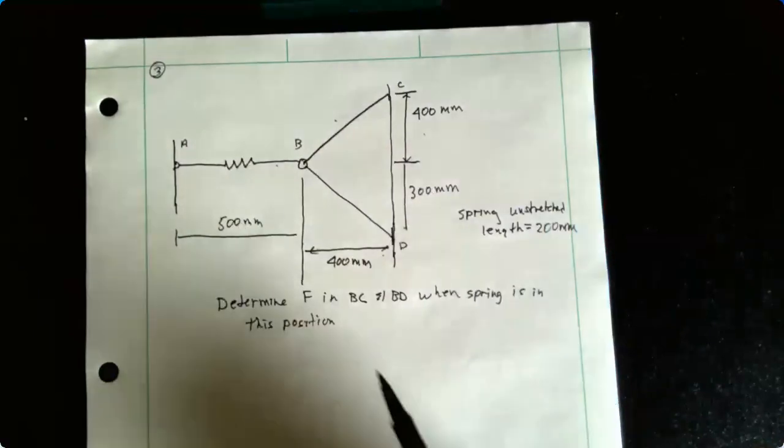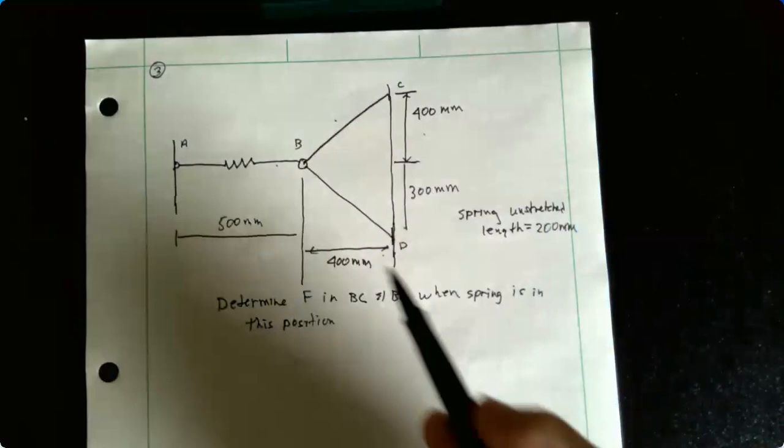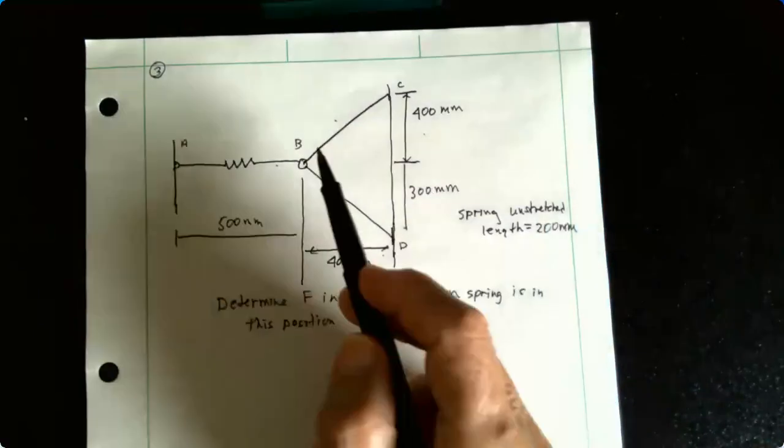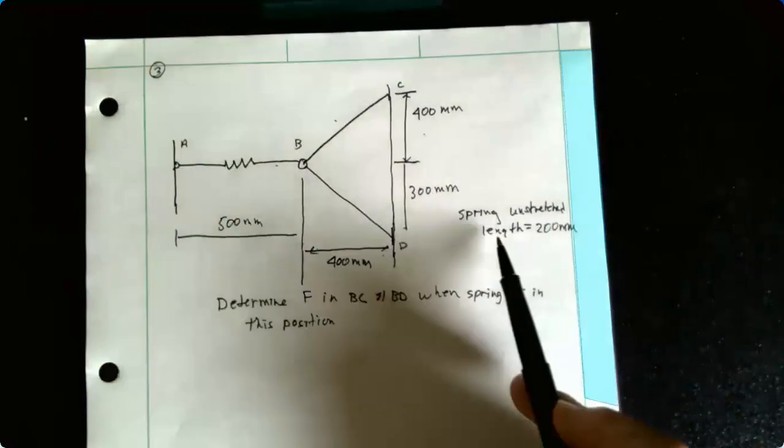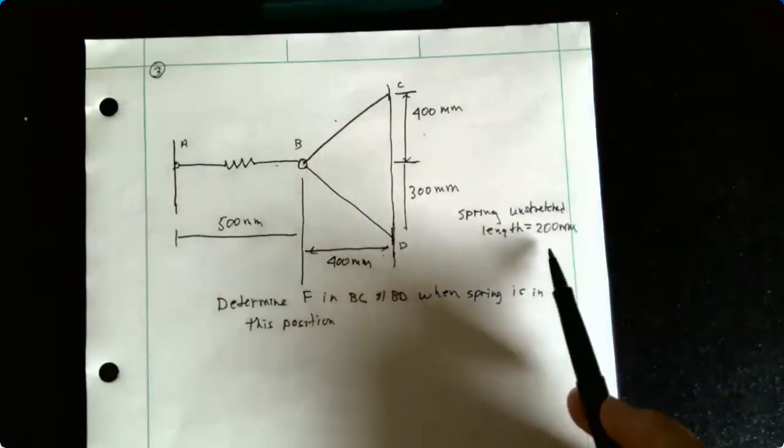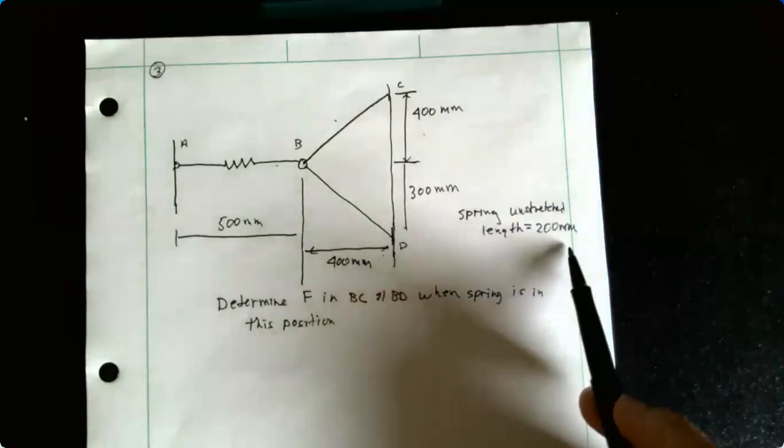Okay, so it's stretched, so there's going to be a force in AB, and we're going to be able to determine exactly what that force is. What we do know is that the unstretched length of the spring is 200 millimeters.